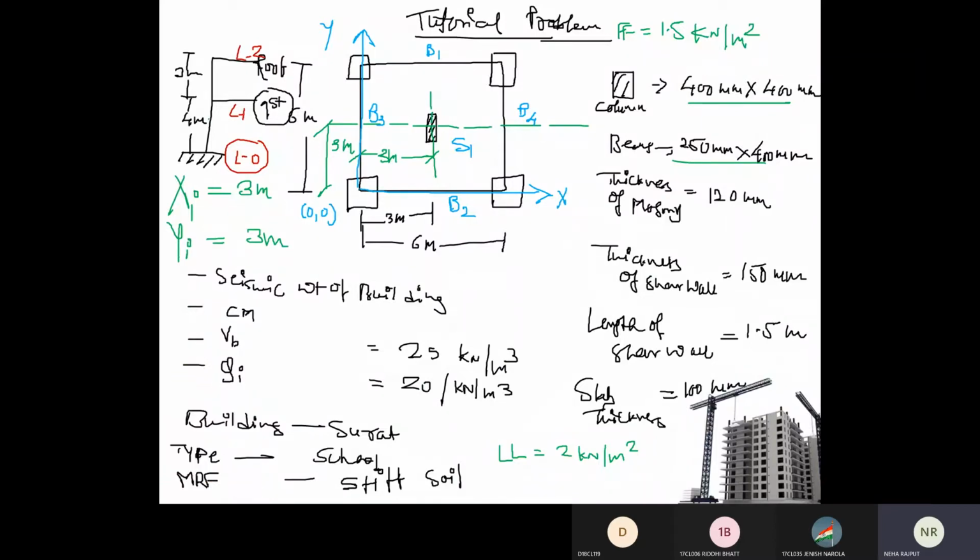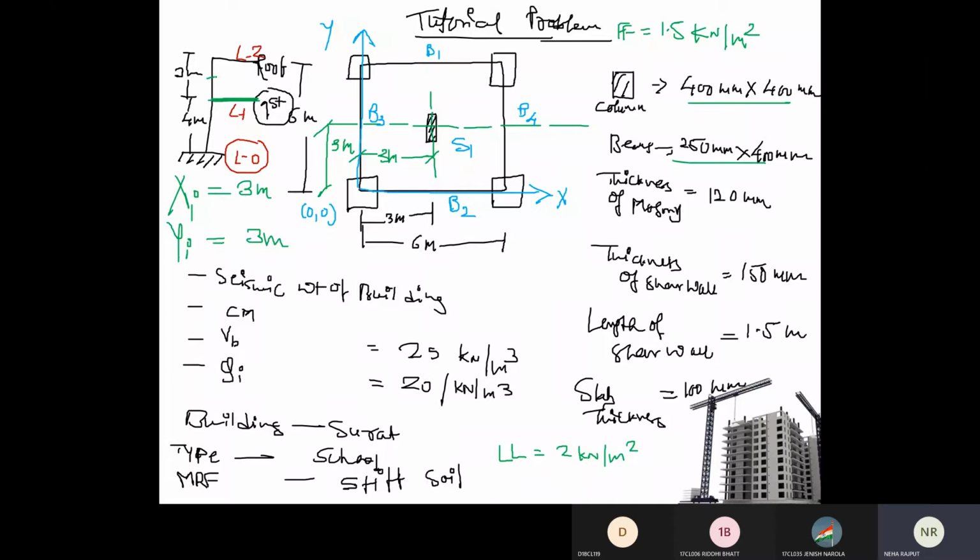So what will happen here? This floor, L1, this floor is connected with the column above of 3 meter and the column below of 4 meter. So the load is equally distributed above and below the floor.